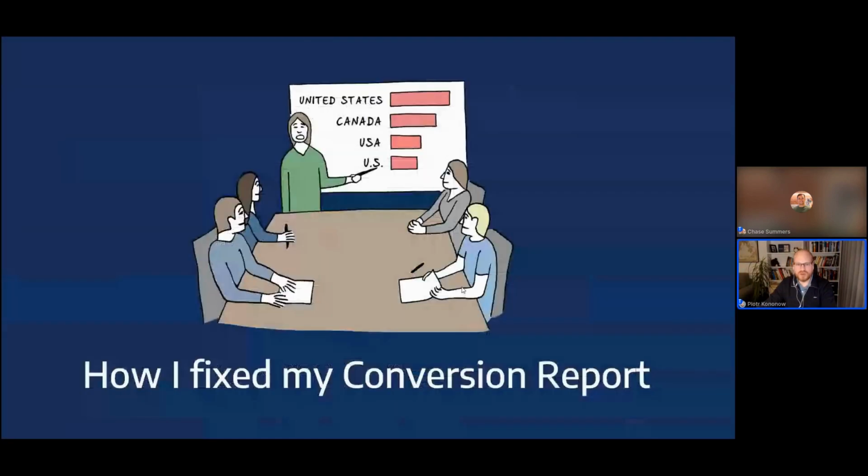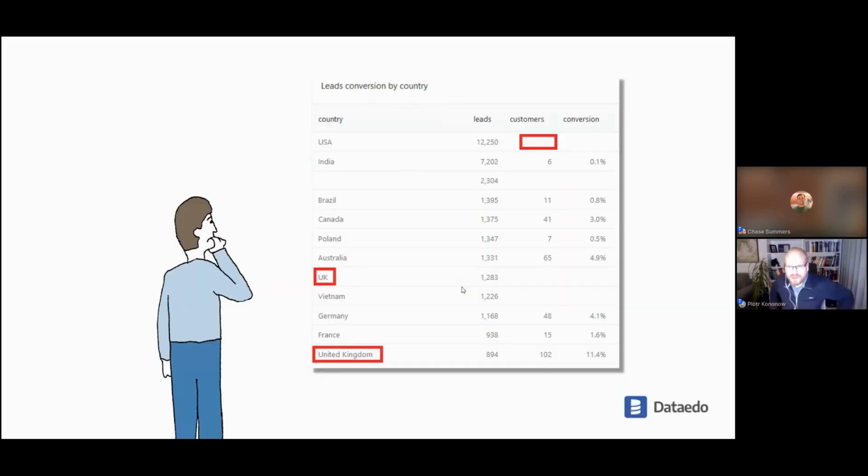I will show you how I use this functionality to fix my report. So just to remind, I had two sets that used different labels for the same value, USA, and one of the values was using one of the, so leads in this case.